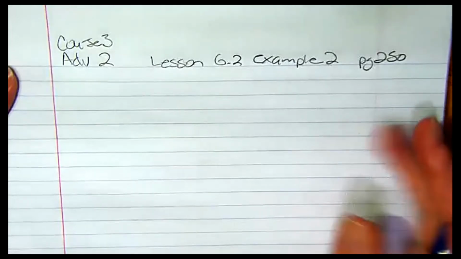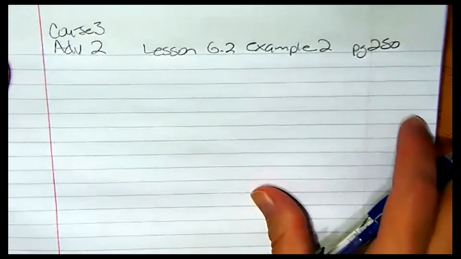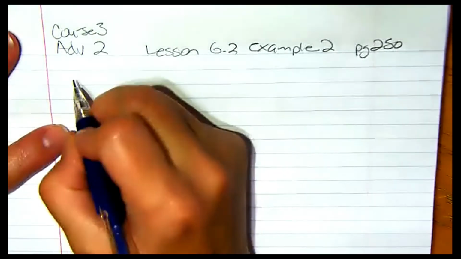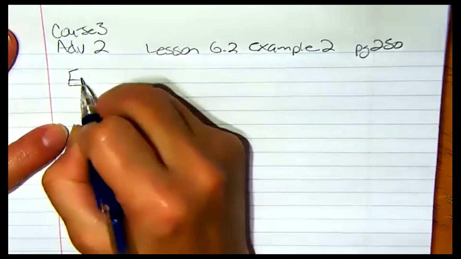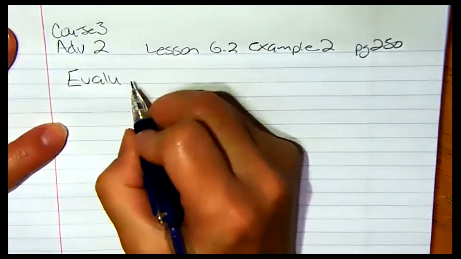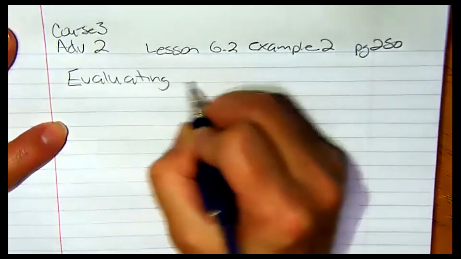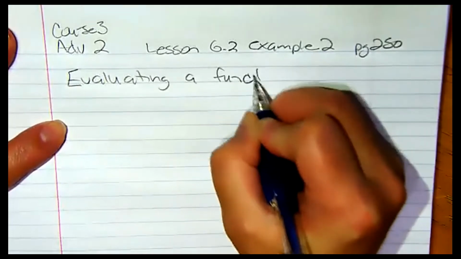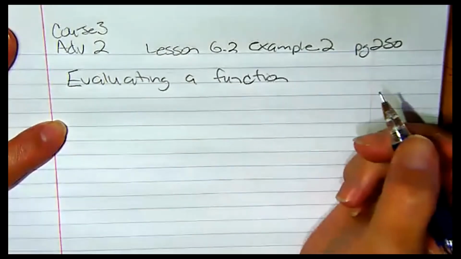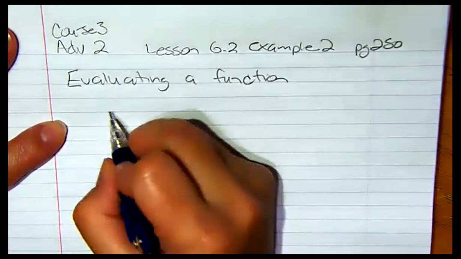And you're going to find that this is very similar to what we were doing with linear equations. So today we are evaluating a function. The book is going to give us an equation.